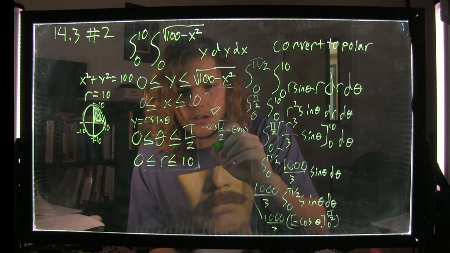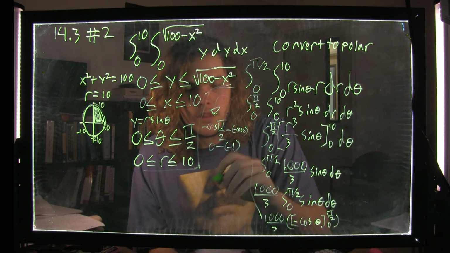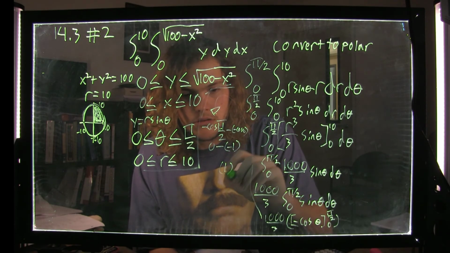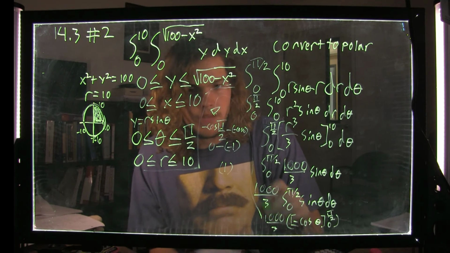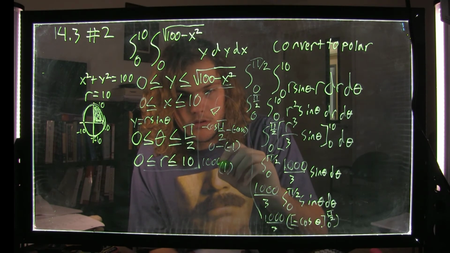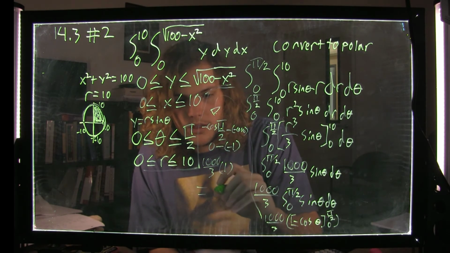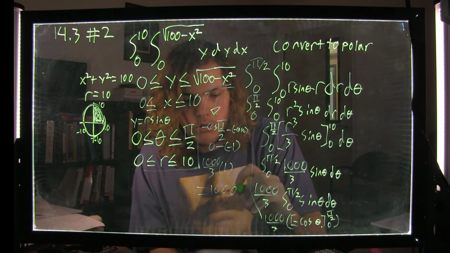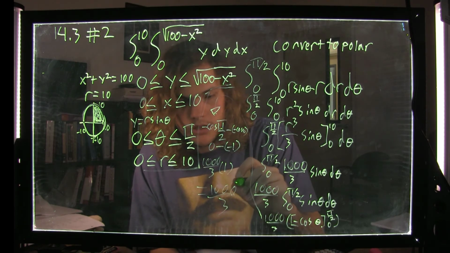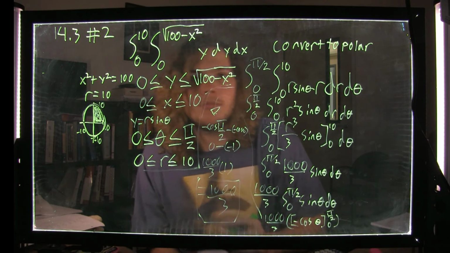And what that ends up being is 0 minus negative 1, which is 1. And then, can't forget this guy, times 1,000 over 3. And the answer ends up being 1,000 over 3. There you go, that's the boy right there.